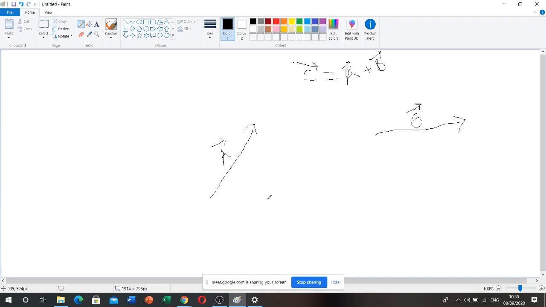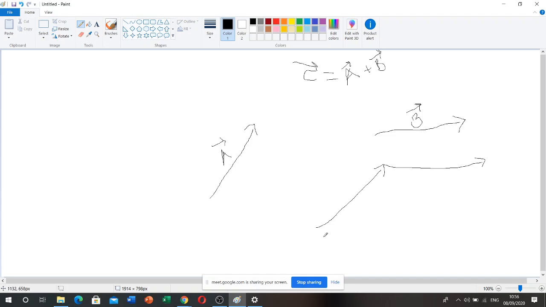So in the head to tail rule, what you have to do is take one vector and keep it fixed, don't change that vector, and take the other vector and move it to the head of the fixed vector. Understood what I have done?